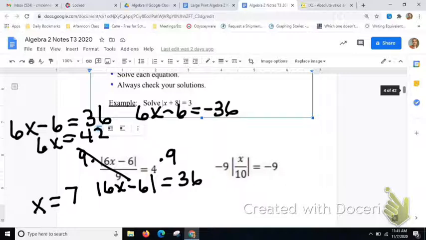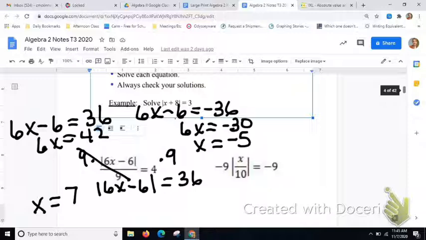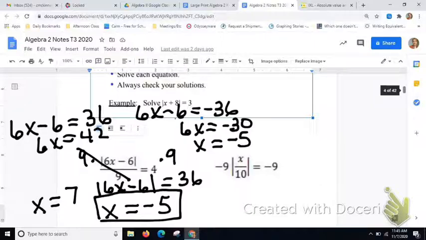And then over here, if I add 6 to negative 36, I don't get negative 42. Nope, no, because signs are different, right? I get 6x is equal to negative 30, and I divide by 6, and I get x is negative 5. So please do not think that the two answers are always opposite each other. It is actually rare that that is the case.